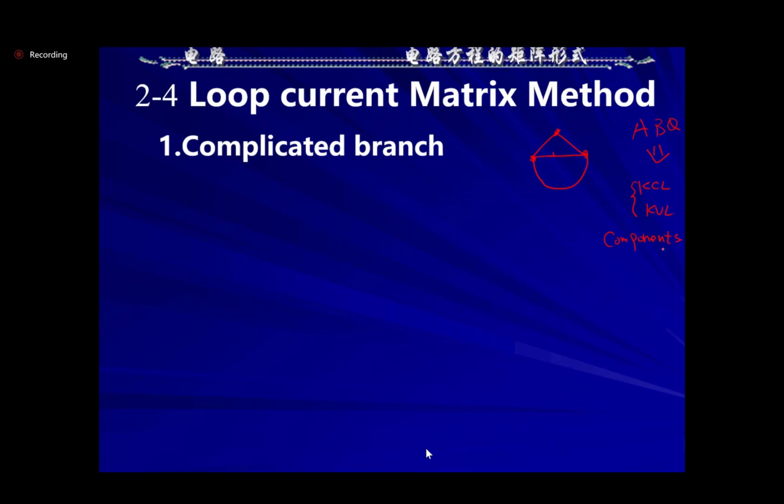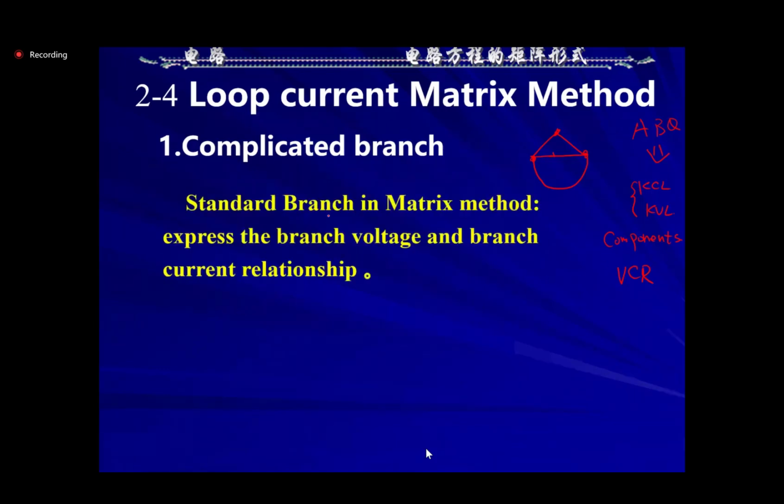When we describe the circuit components, we use VCR to express them. VCR means the component voltage-current relation. First, we define a branch.